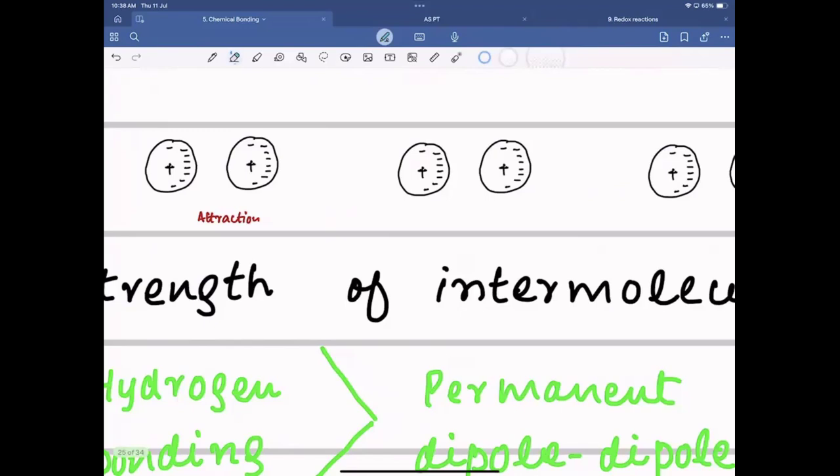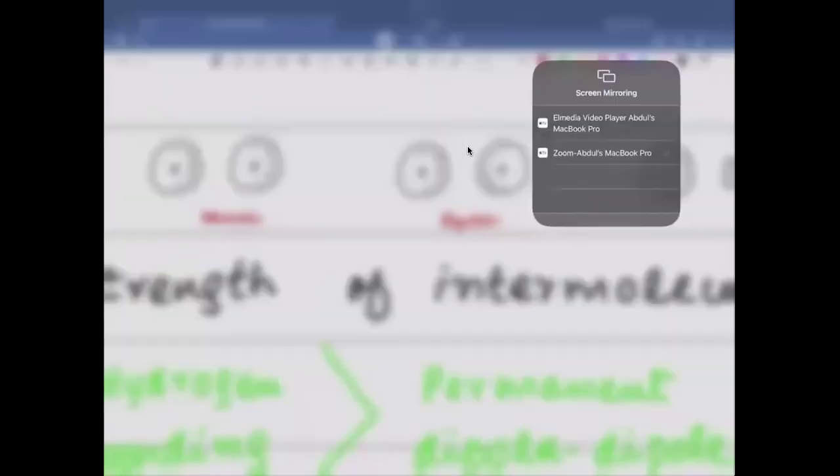I don't know why the internet is not working properly. Let me reshare it. It is loading. Okay.